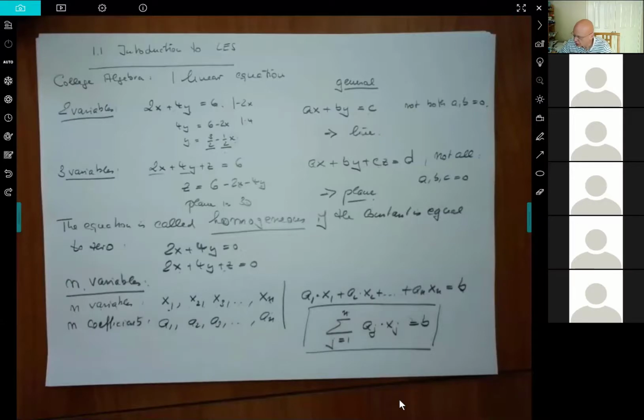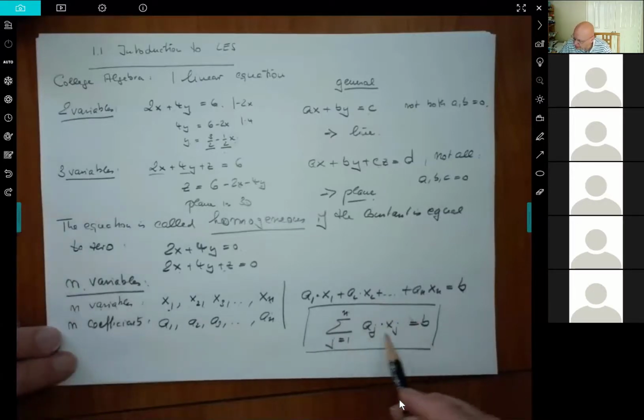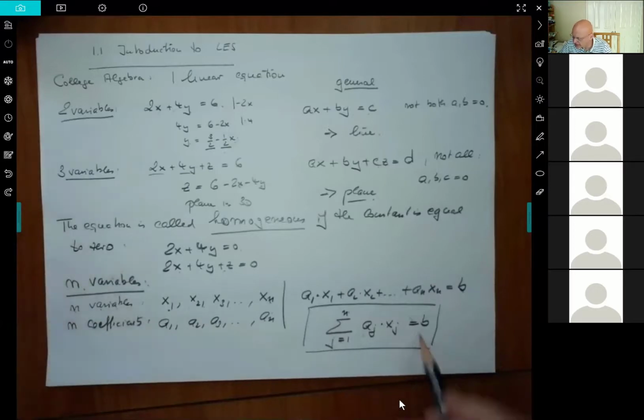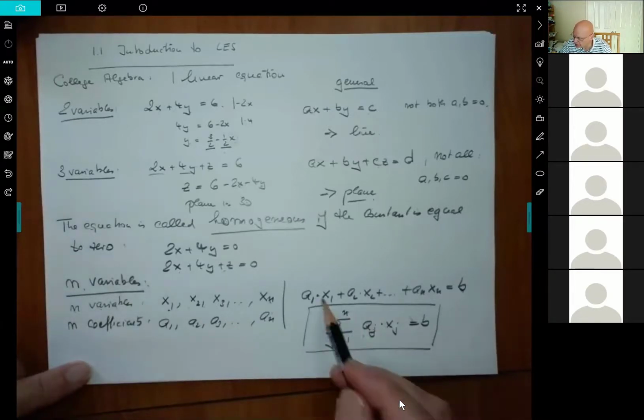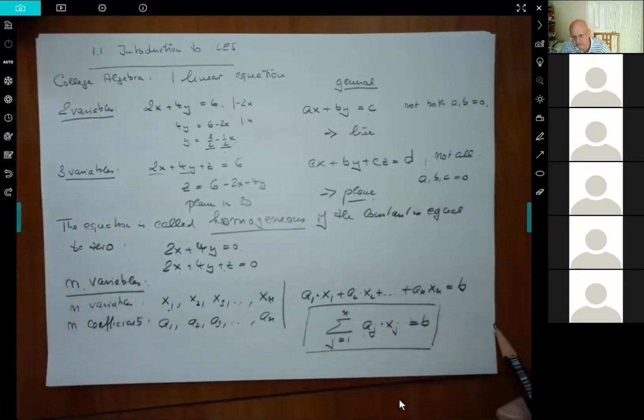Okay, so if you have not seen this before, you have to be able to read an equation like this. And this is the way we write one linear equation. So now what about if we go to a linear equation system? Instead of having one linear equation, we have several of them, let's say m of them.